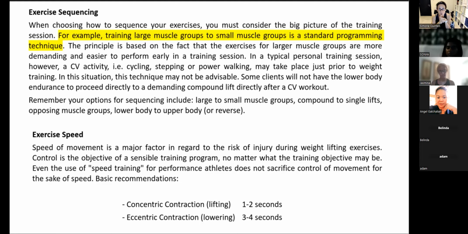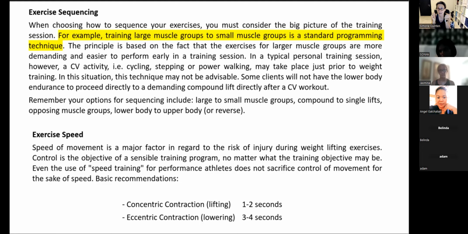Number one, in order to have the most effect out of the exercise, it makes sense that you work the large muscle groups first before the small muscle groups, because you don't want to pre-exhaust the synergists, or the helper muscles, before you go into your main muscle groups. Does it make sense?